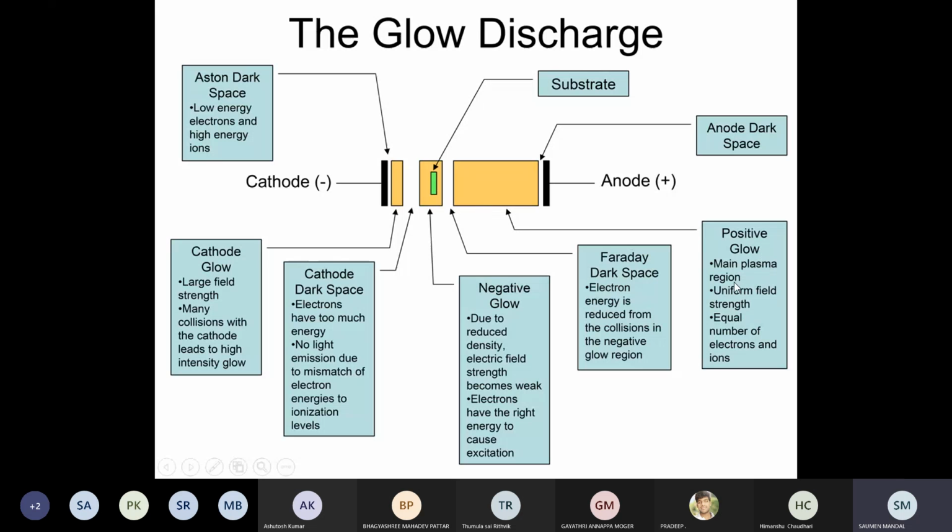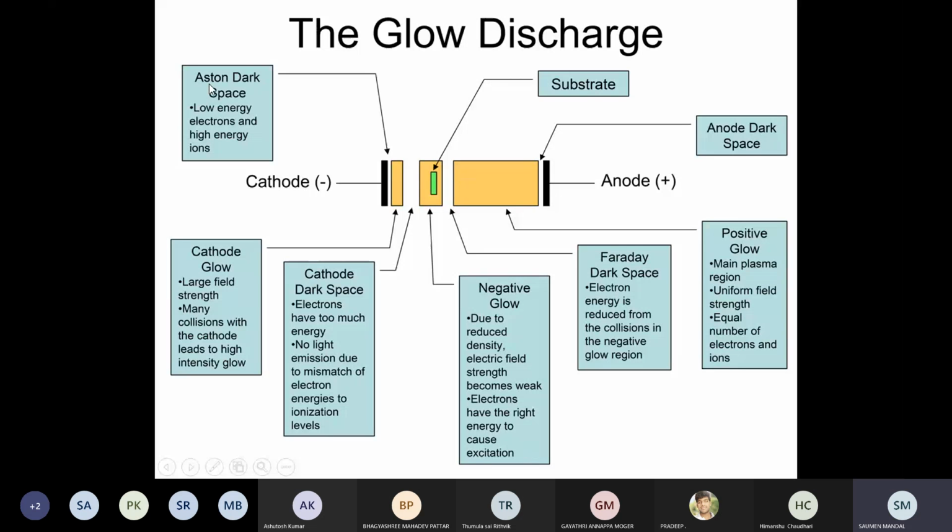In the main plasma region, there is uniform field strength and more or less an equal number of electrons and ions. This positive glow and the negative glow, what is that? Due to reduced density, the electric field strength becomes weak, and electrons have the right energy to cause excitation. Okay, so these two points are very important.